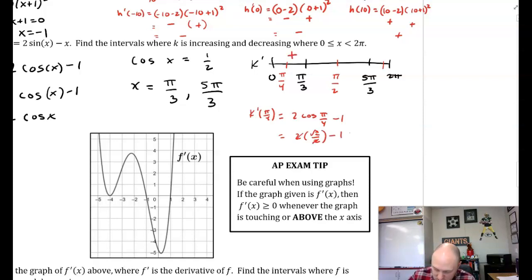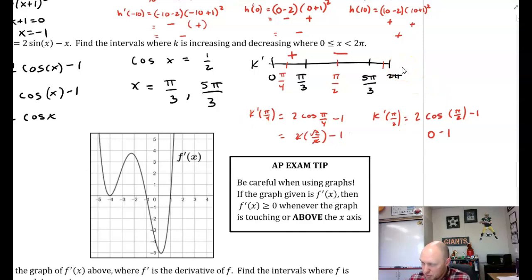This is positive. It's a positive relationship. Okay. k prime of pi over 2. This is going to be 2 cosine of pi over 2, which we know is 0. 0 minus 1. That's negative. And this value is going to be positive.